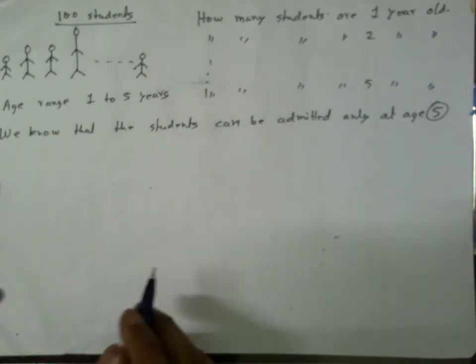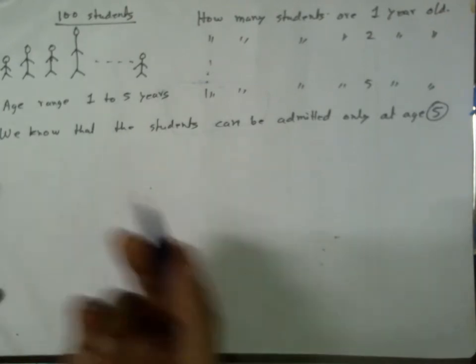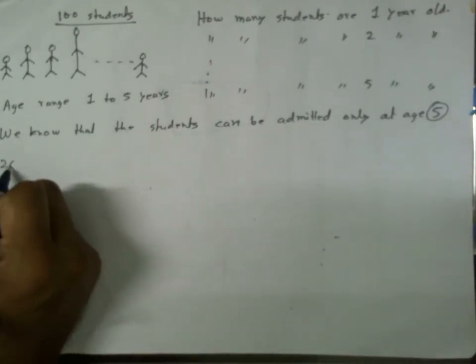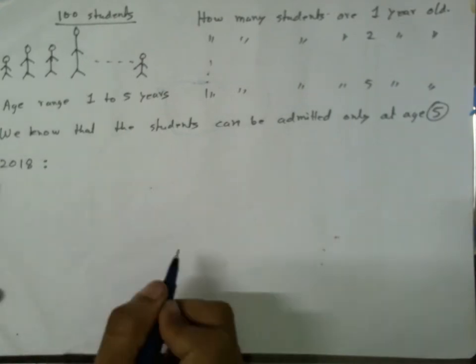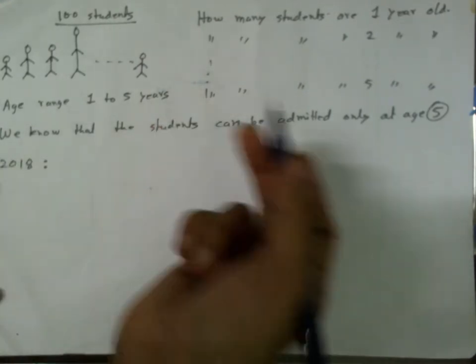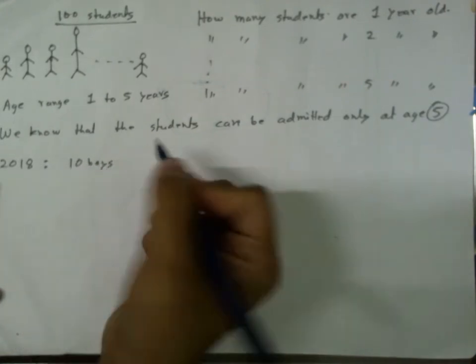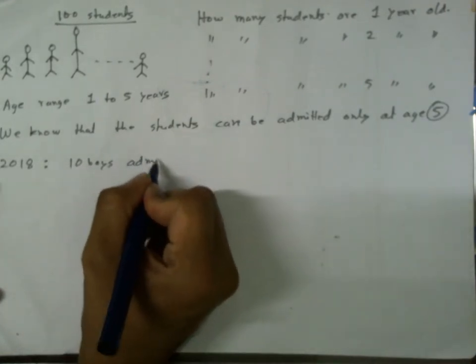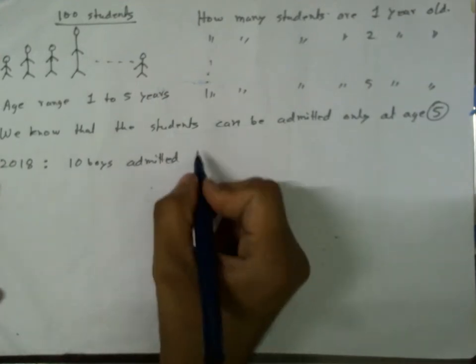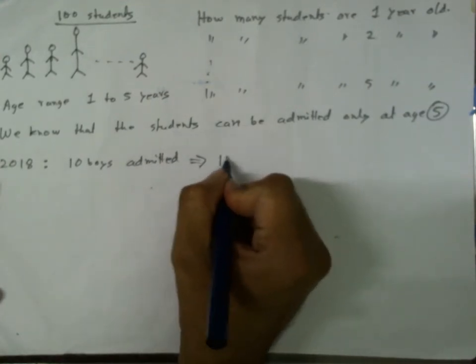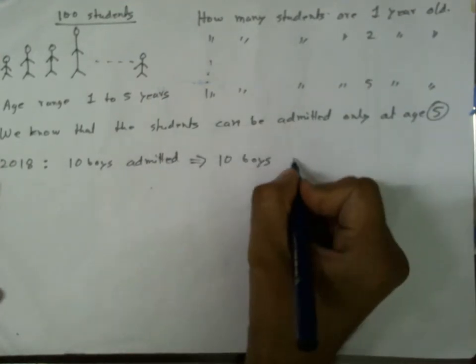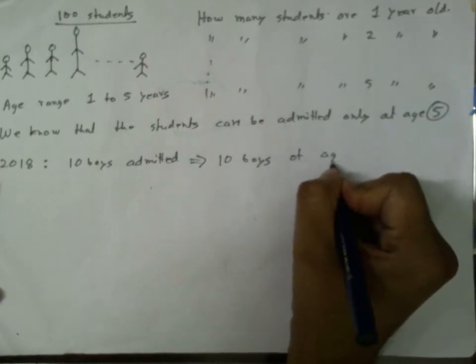So what can I do? I will say this is 2018. So I will see how many boys are admitted. Say there are 10 boys admitted this year. That means there are 10 boys of age 5.